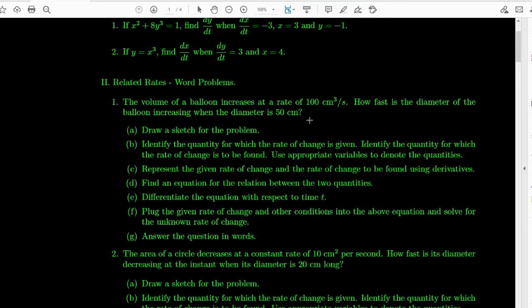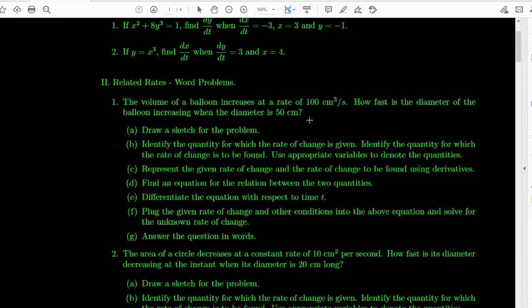And then my question was, does the diameter increase at a constant rate? You just imagine two special cases. When the balloon is very tiny, you imagine the diameter. So does it go faster than when the diameter is very large?